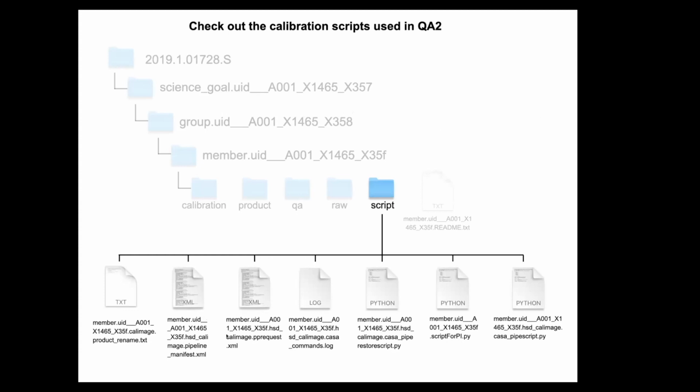And if you see, for example, files like the pipeline manifest or the PPR request, that means that this data set was calibrated with the pipeline during the QA2 process, and then it can be restored just by running this script for PI using a CASA version that has the pipeline as well. So in this case, of course, it was calibrated with the pipeline during the QA2 process, and the idea is that we can restore the calibrated data by running the script for PI.